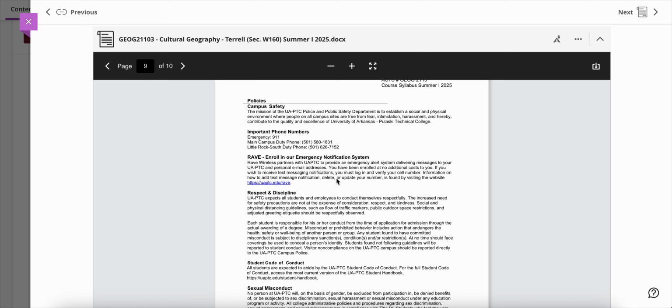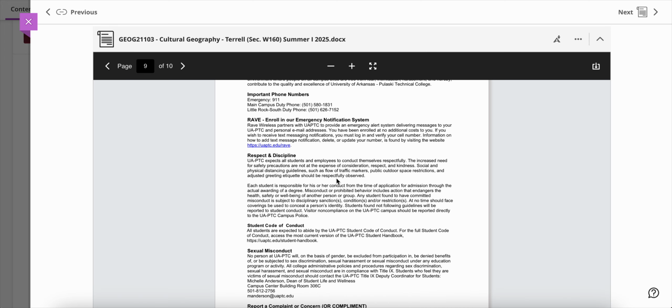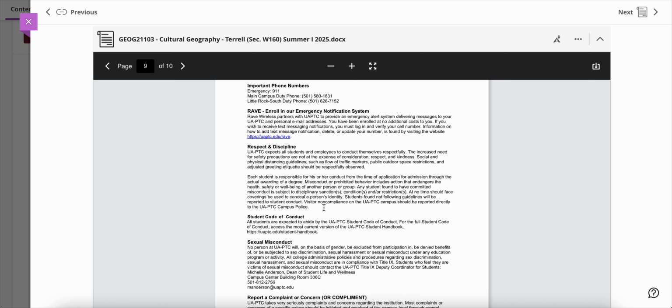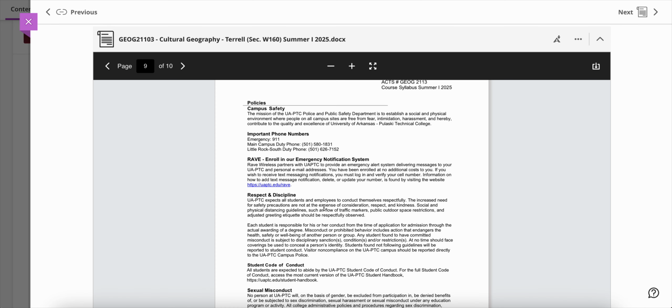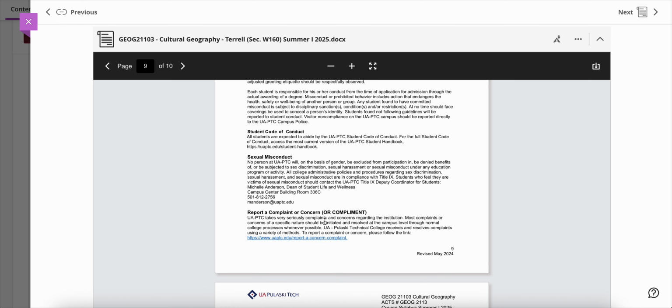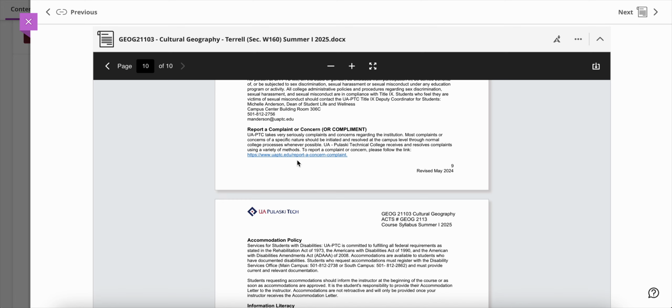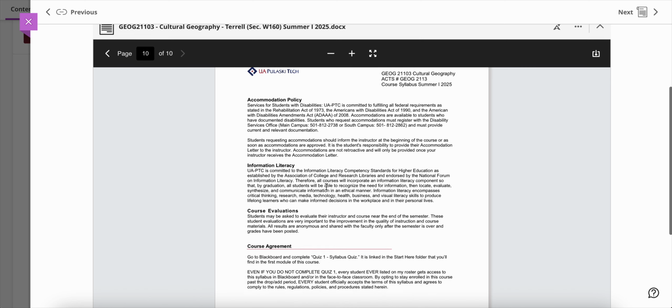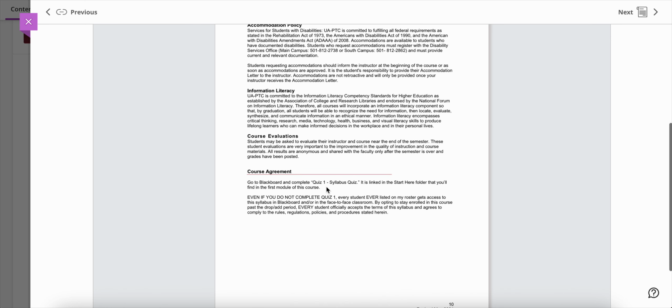Okay, so the very last few pages of this syllabus have some very important campus policies that I follow, that you're required to follow. Very good resource information that you need, like how to contact a police officer if you're on campus and you need some help, or how to report a compliment or a concern or a complaint that you might have. If you need an accommodation in order to be successful in class, we'll do that for you.